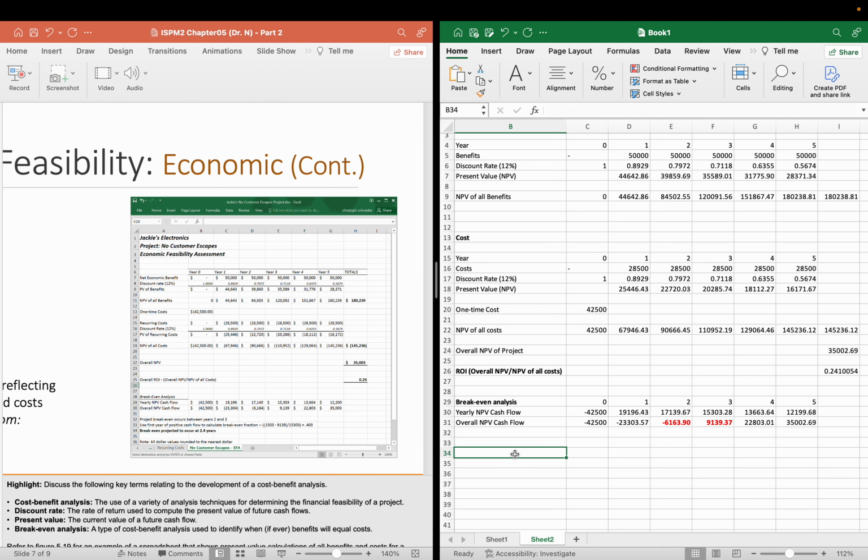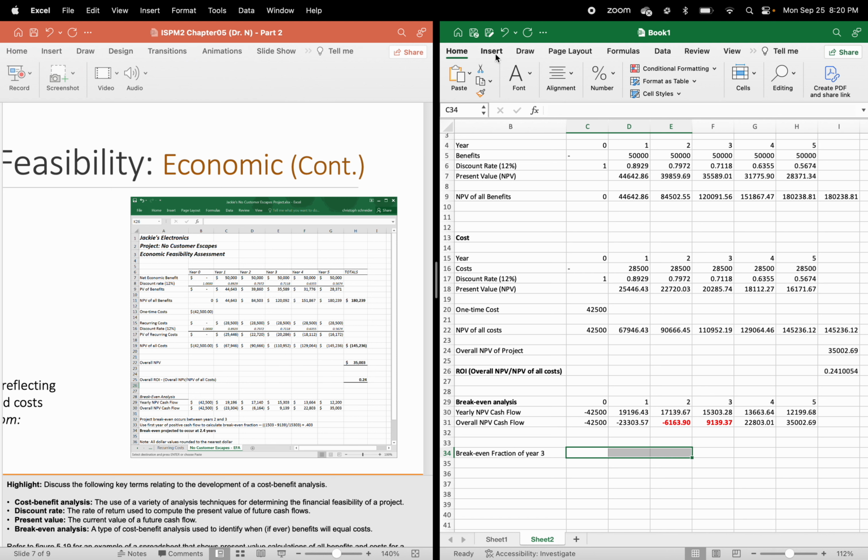If you want to know the break-even fraction of that year, we call it the break-even fraction of year 3. In order to calculate that, we can just leave it as is because it's better to have just the cells. So if you want to calculate the fraction, you need a very simple formula.